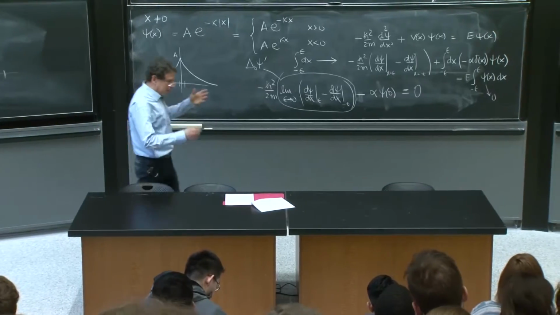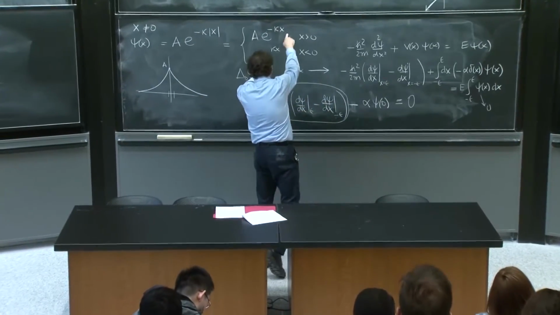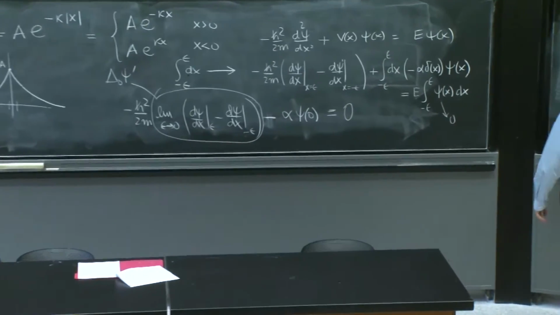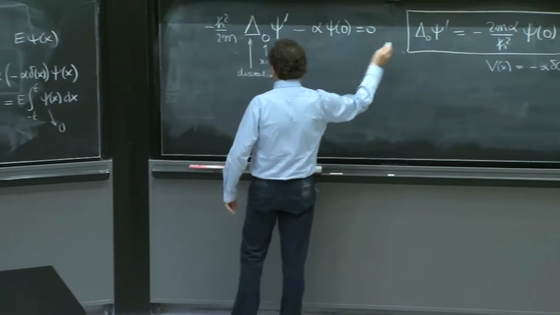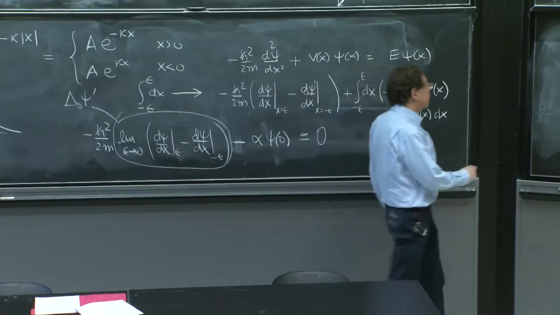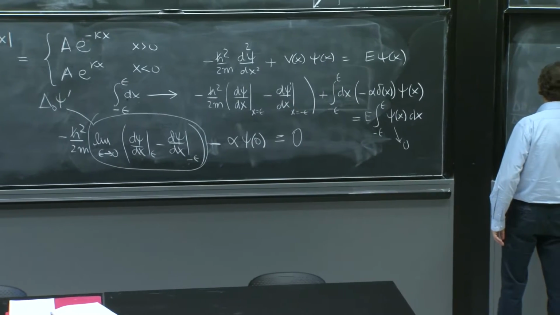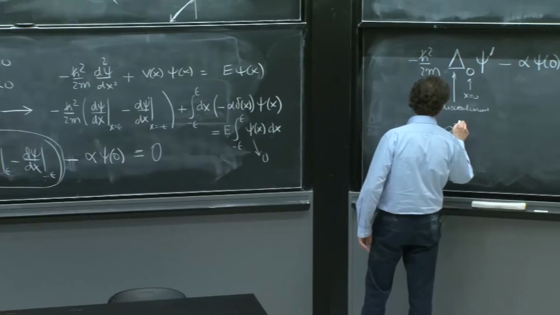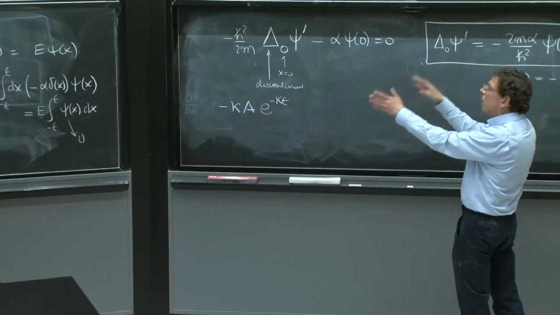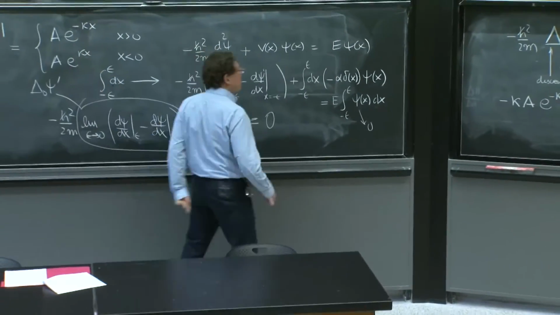So let's wrap this up. So we go to our case. Here is our situation. So let's apply this. So what is the value? Apply this equation to our wave function. So what is the derivative at epsilon? It's minus kappa a e to the minus kappa epsilon. That's the derivative of psi on the positive side. I differentiated the top line of this equation.